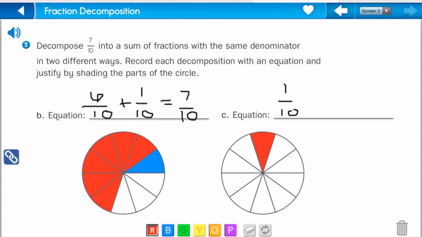And then I'm going to add, using blue this time, and I'm going to color in 4 pieces: 1, 2, 3, 4. So then I have 4/10.